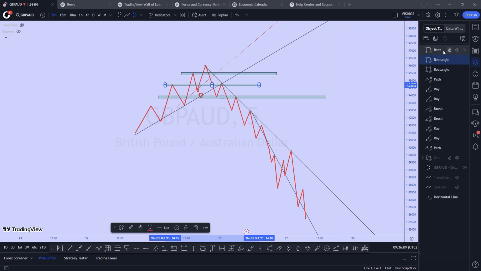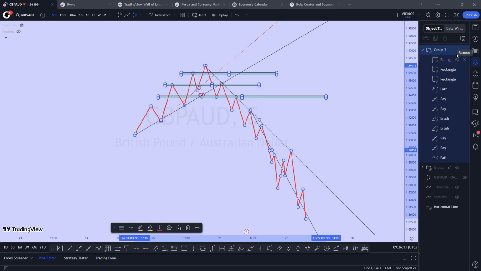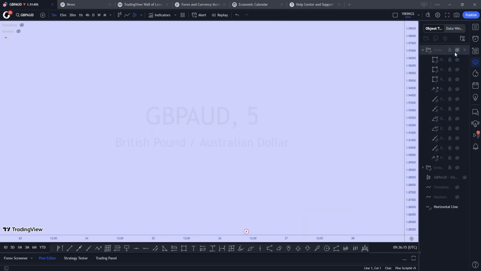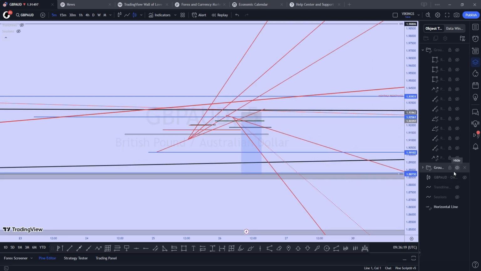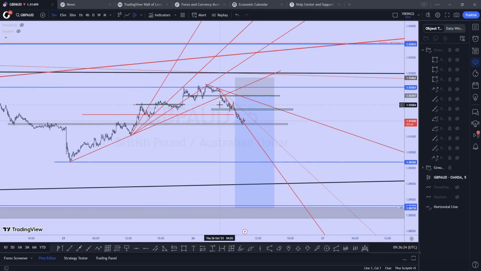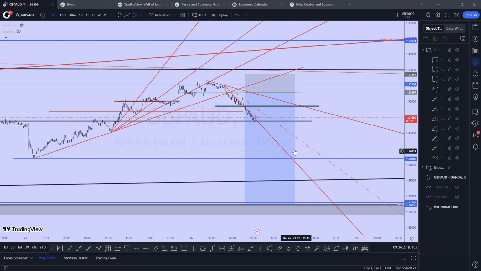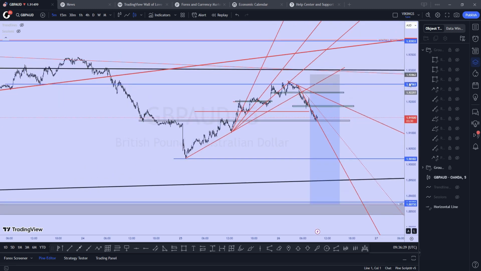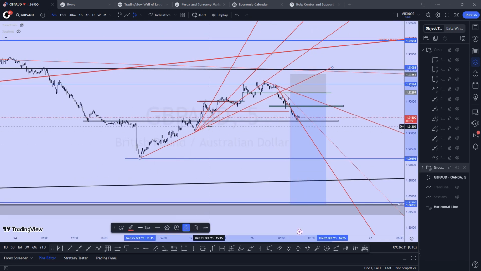In this trade, I have the same sub trend lines like this. So let me show you my chart right now and turn on this. Okay, cool. So see my main one. See my main trend line.